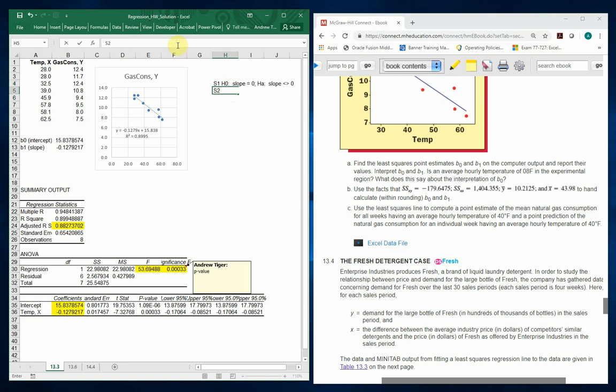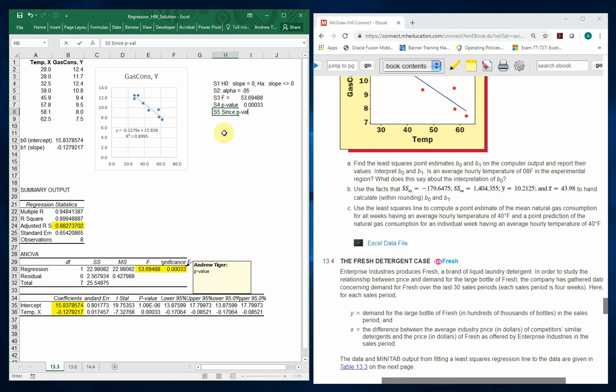Step 2, you set alpha. Step 3, you calculate your statistic. There's 2 that you can look at. We're going to focus on the F stat. So F equals this. Step 4, get your p-value, and that's equal to this. Step 5, conclusion.